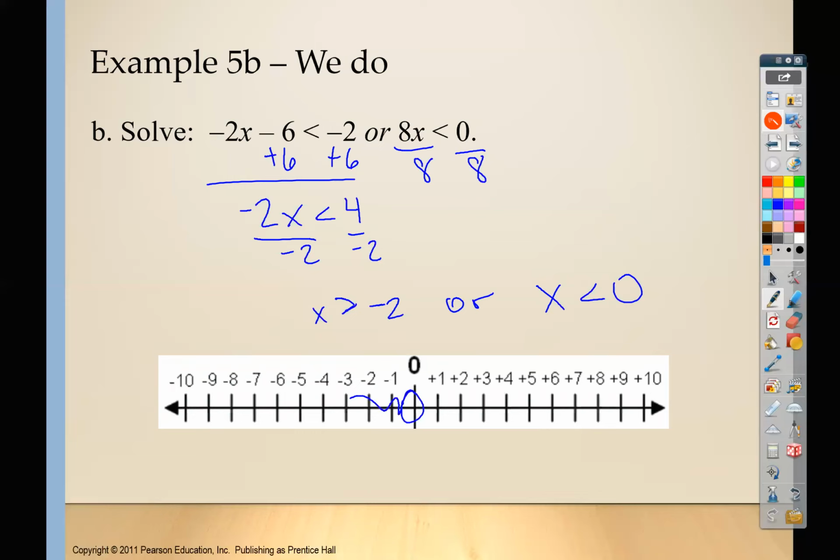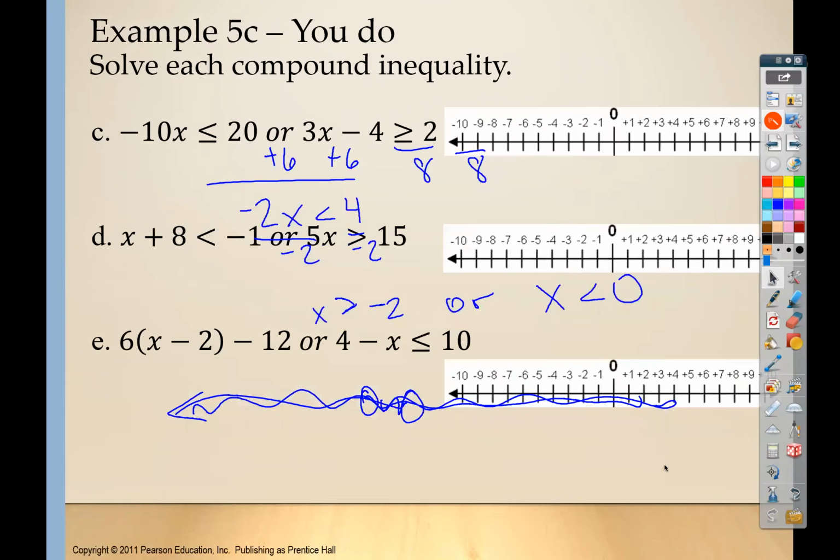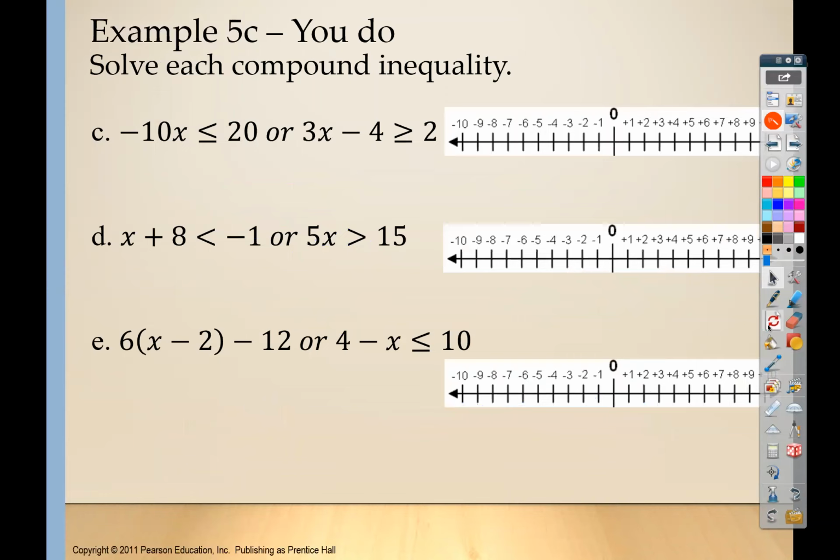Notice it's an open circle and going that way. Or it's greater than -2, right? So open circle and going this way. What happens? All the shading overlaps each other. So you say the answer is all real numbers. Okay, go ahead and pause the video and you can do these.